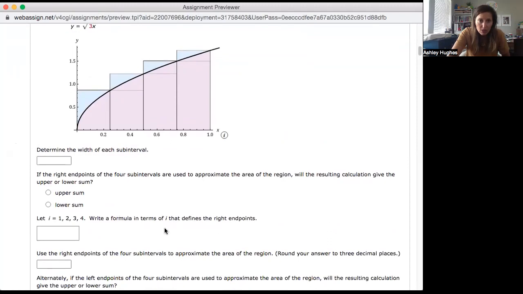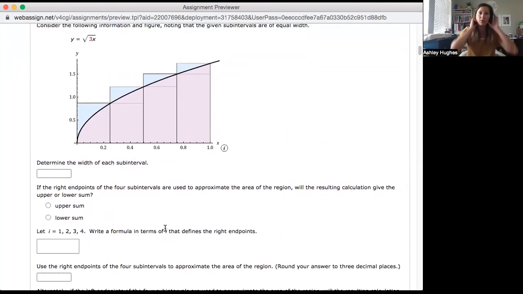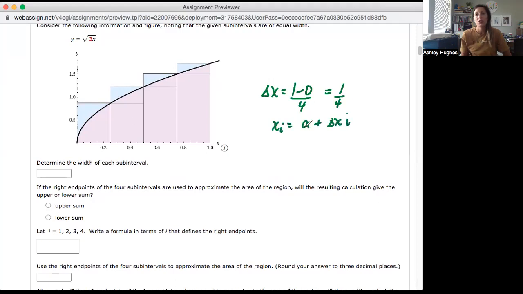Write a formula in terms of i that defines the right endpoints. Let's think about this. We always have delta x is b minus a divided by n. So we have 1 minus 0 over 4, so 1/4. And then we have the x sub i, which equals your a plus delta x times i. So a in this case is where we start, which is 0, plus delta x, 1/4, times i.